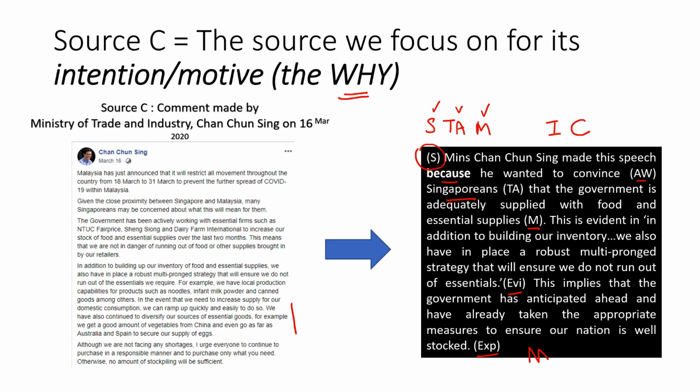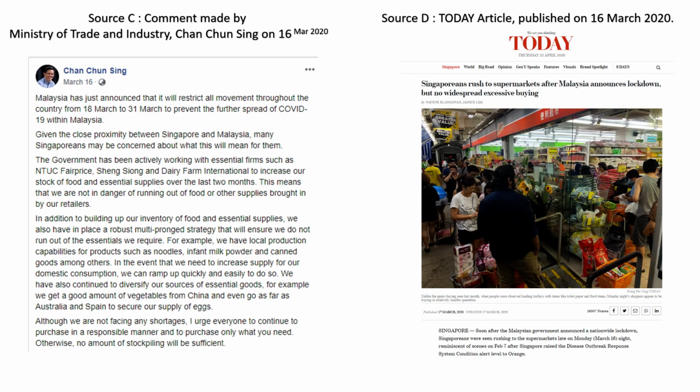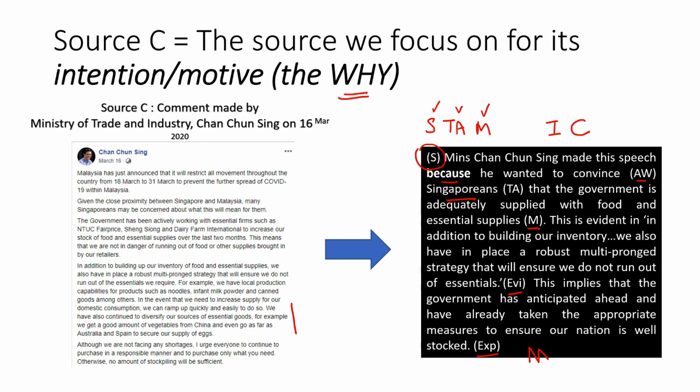And the reason why I'm leaving out the impact and the context is not because we can't do that immediately, but because of the demand of this hybrid question. Because this hybrid question doesn't just want us to tackle source C, it wants us to also tackle source D. So this is the second part of the question, after reading source D. So this is what source D actually does. With source C, we derive the speaker, target audience, and the message that's intended.